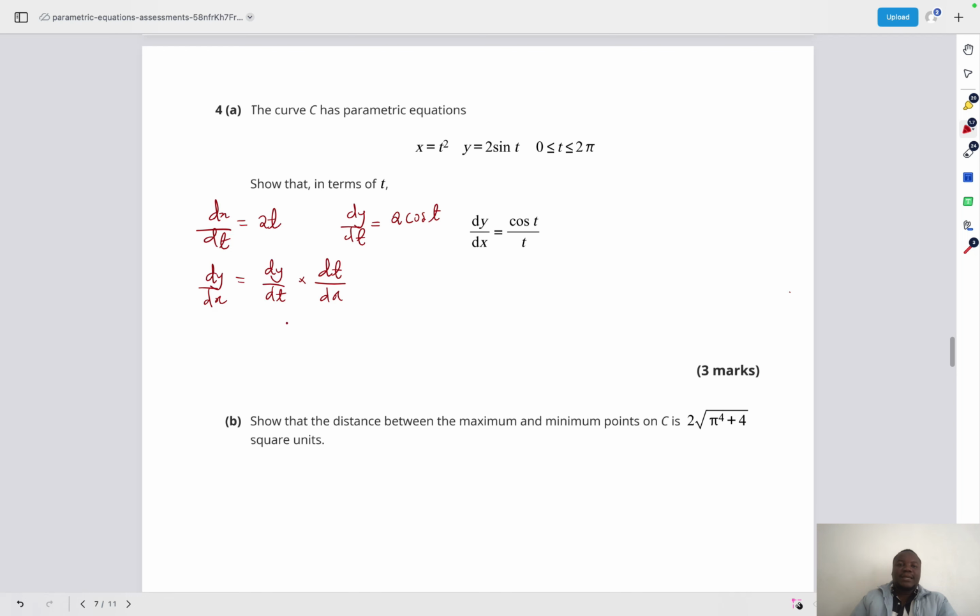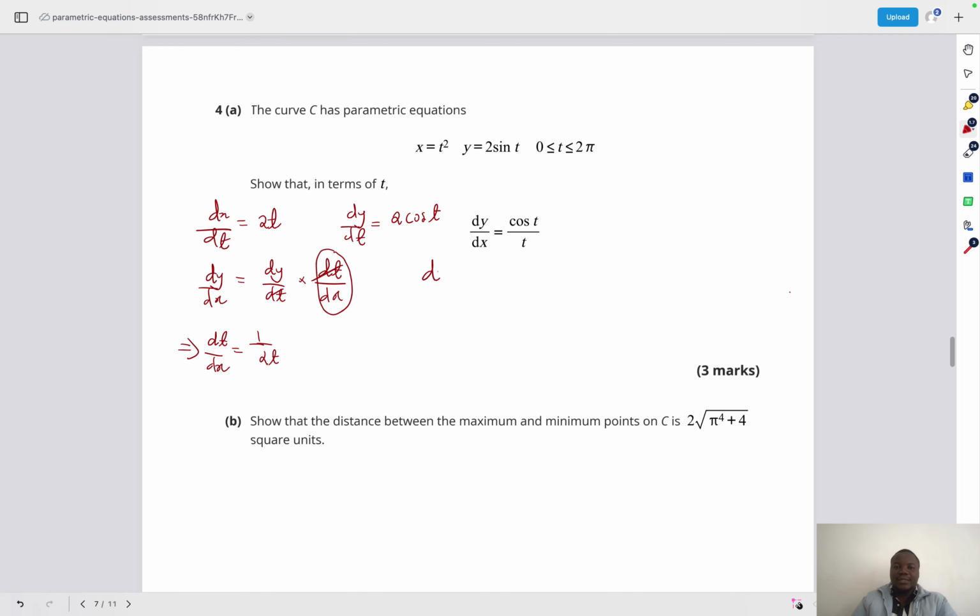Now you realize that dt/dx here is the reciprocal of dx/dt, which implies that dt/dx is simply going to be 1 over 2t, since dx/dt is 2t, so the reciprocal of it would be that. So this is what we're going to multiply by dy/dt, because then we are going to cancel out that to obtain our dy/dx.